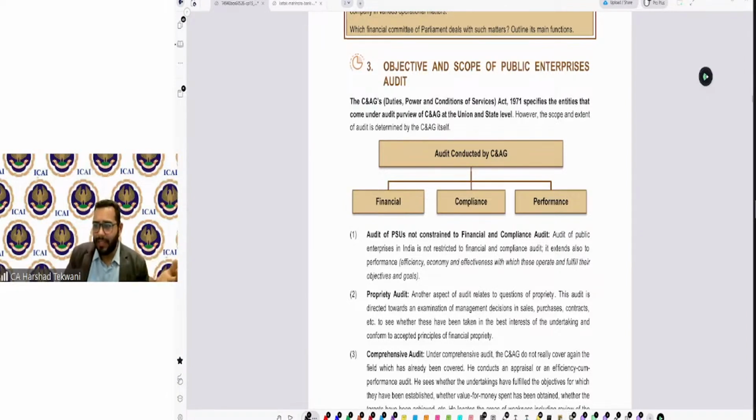It can be of states, of public sector undertakings, of different schemes. A lot can be there. That is something you need to understand: what kind of assignment is given to us?